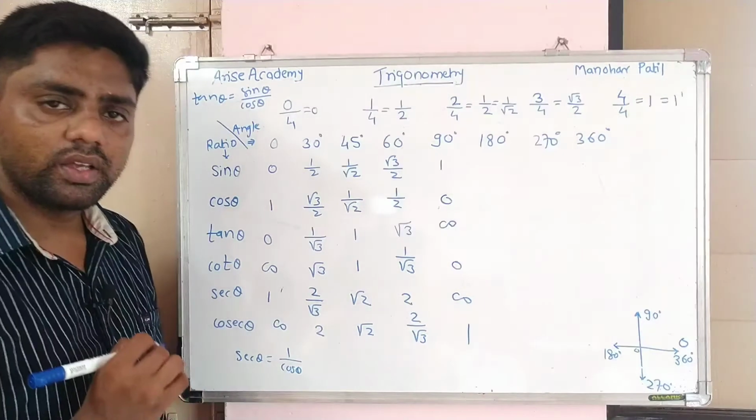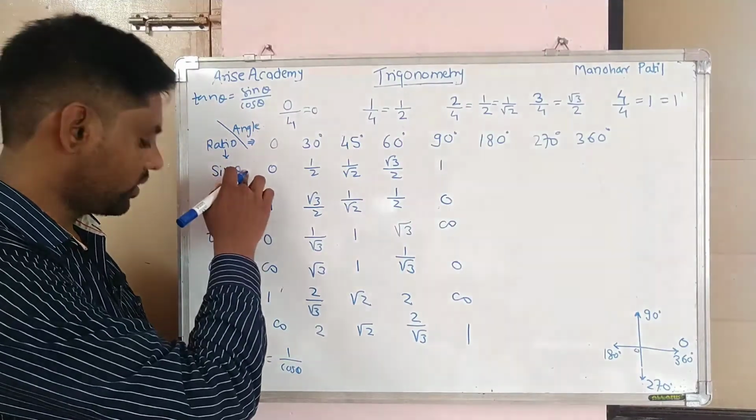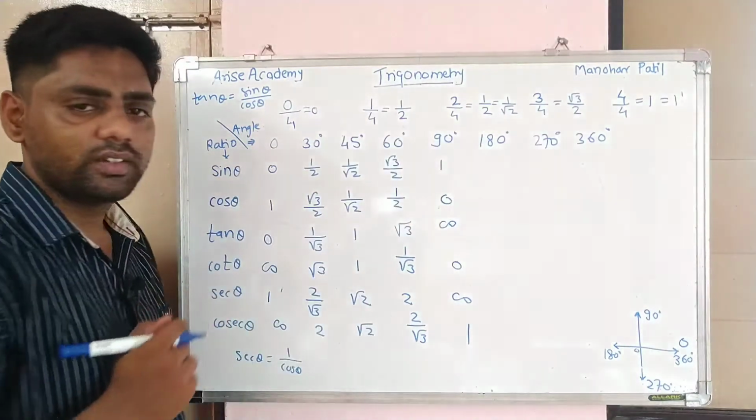In such a way you find the values from sin theta to cosec theta up to 90 degrees.